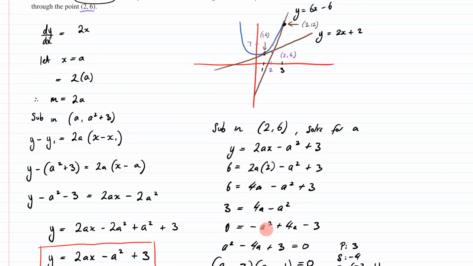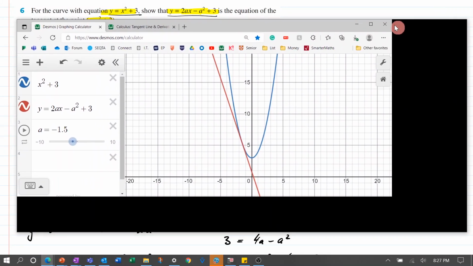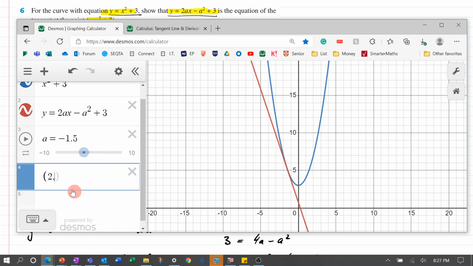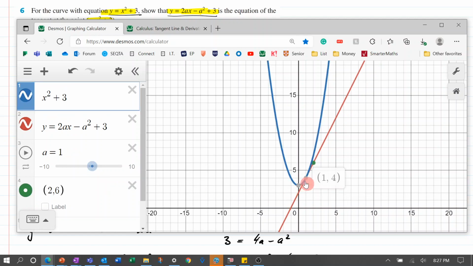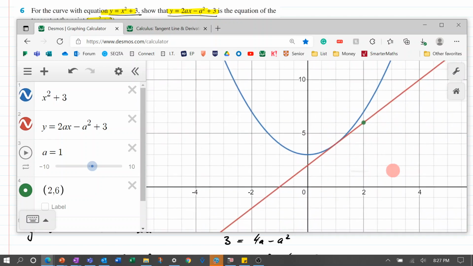Okay, I'll finish here by showing you what we did again. We had that point 2, 6, and we found that 1, 4 is the point at which my tangent goes through that line right there. We zoom in a bit. Do you see that?